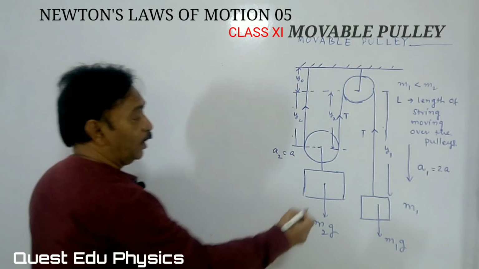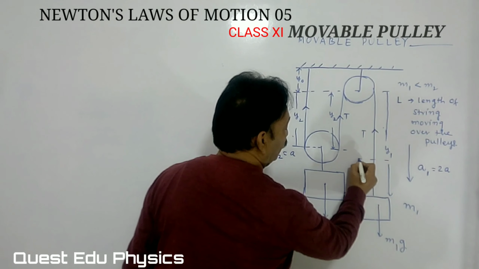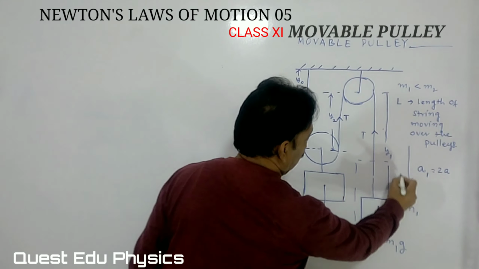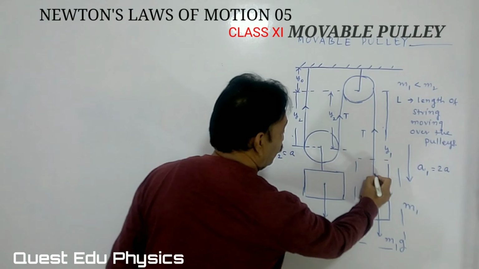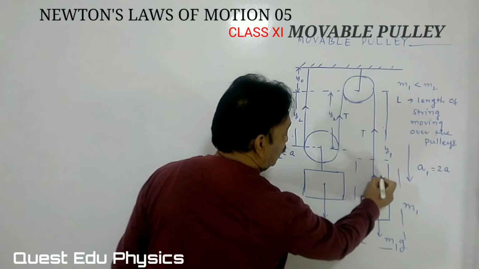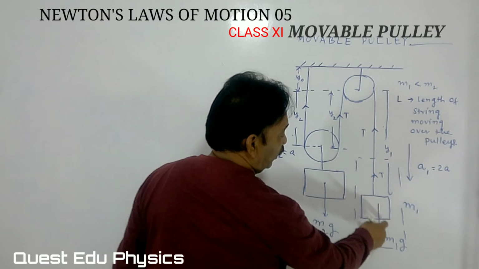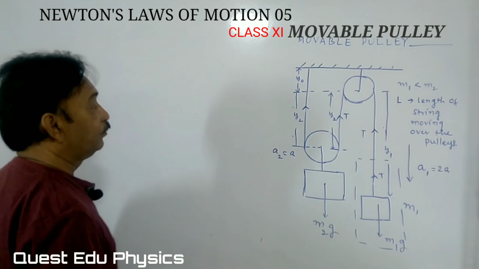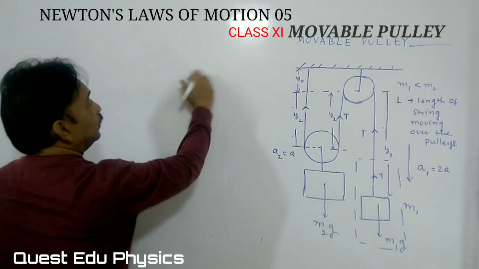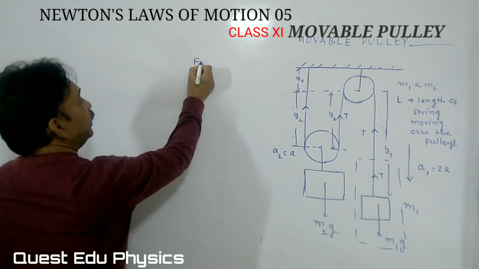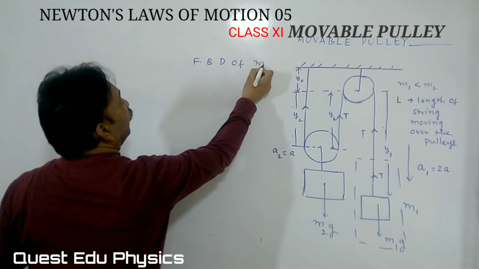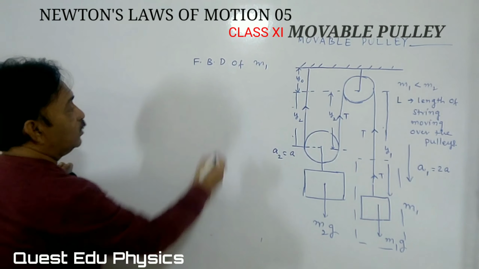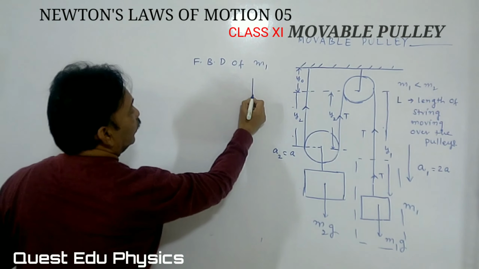If you draw the free body diagram of this one, the difference between the weight and the tension provides the acceleration. Here we are writing the FBD of m1. It can be drawn in this way.